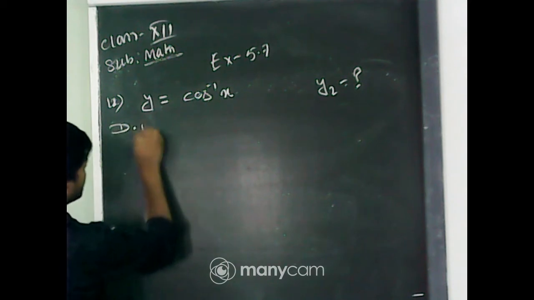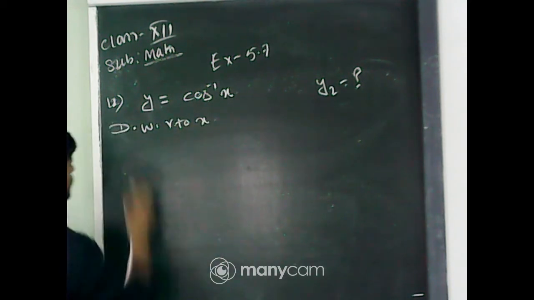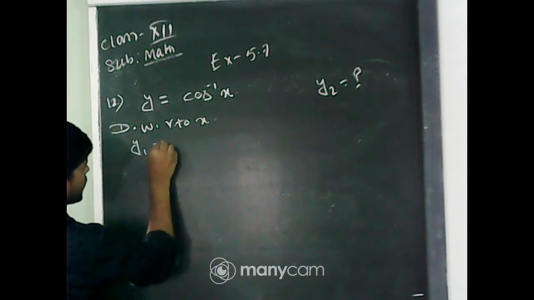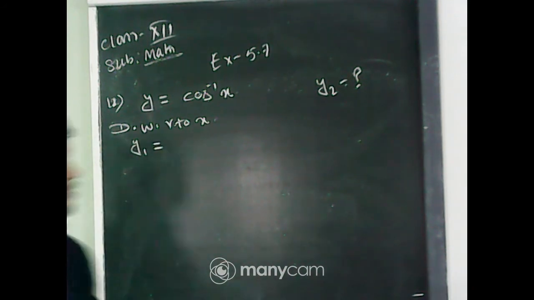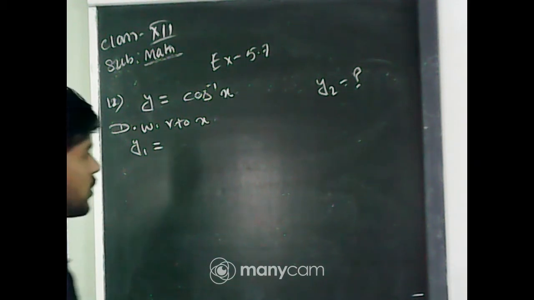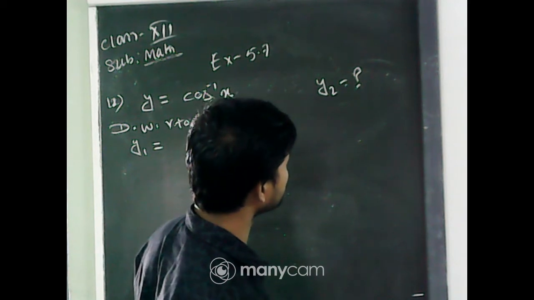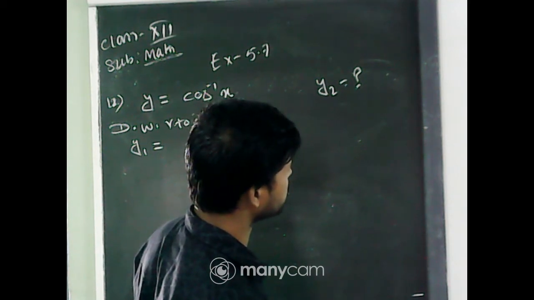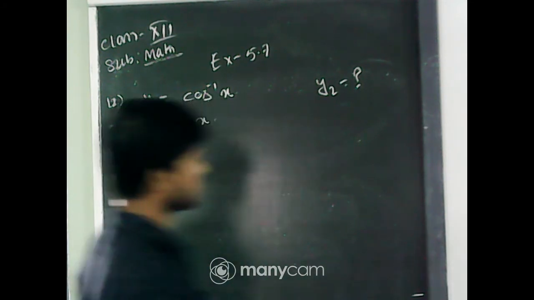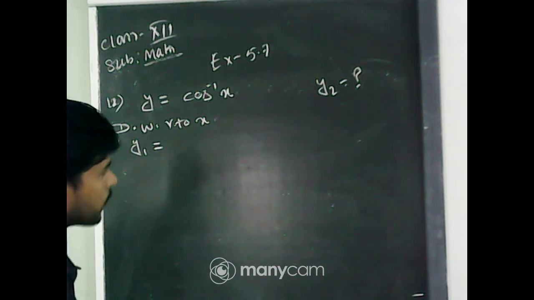We have y1 is equal to, now can you tell me what is the derivative of cos inverse x? Yes, minus 1 by root over 1 minus x square.